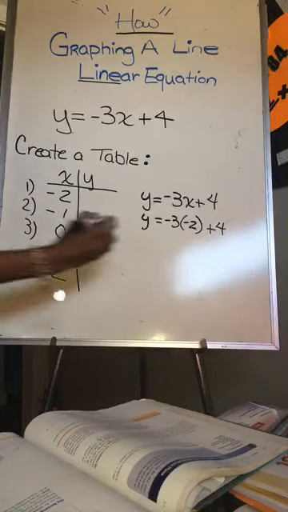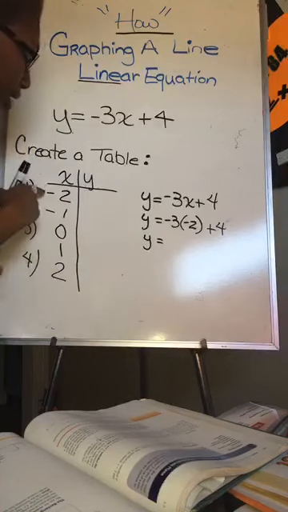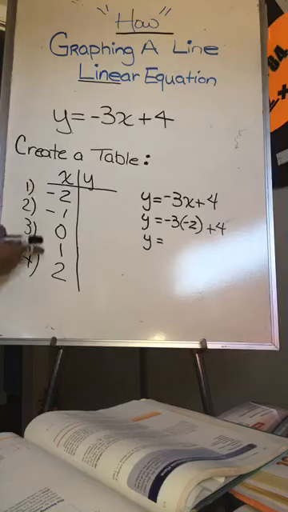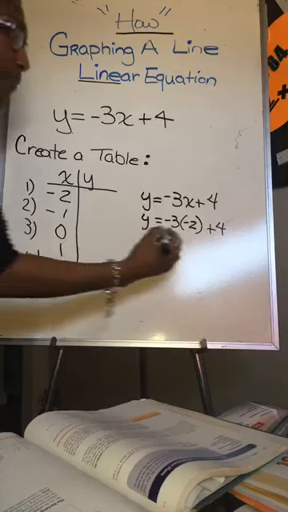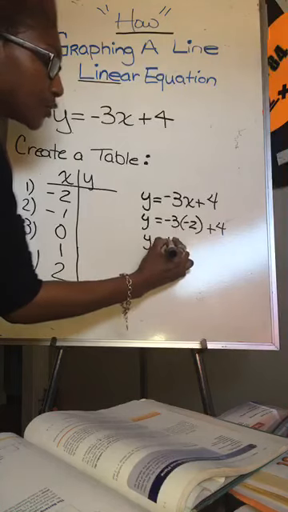Let's continue. Because what we're doing is finding what y is when we're given the x value. So I gave you these x values. A negative times a negative gives you a positive.